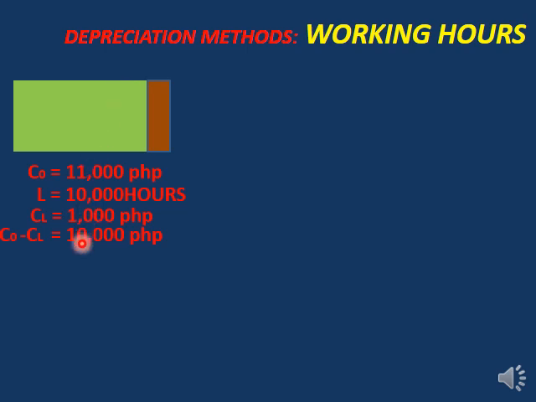Now, if we compute the rate of depreciation, we divide its cost of service by its life in terms of the working hours. By the way, it is not life, although the variable we use in this case is L to mean life. It simply means the total number of hours of this photocopier when delivering the service.